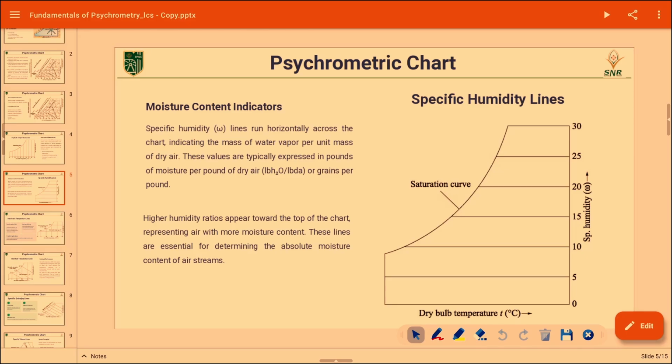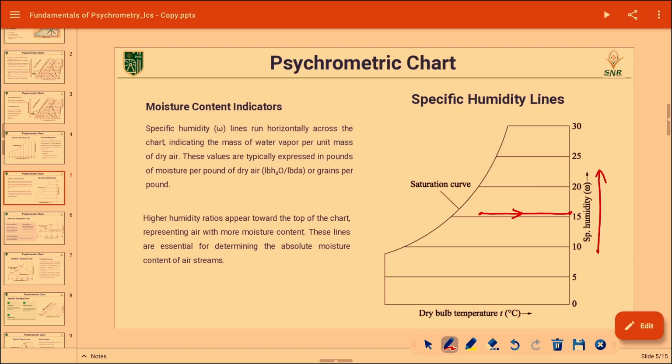Specific humidity lines. Specific humidity lines are linear lines, which are horizontal lines. If I have a state point here, to find the specific humidity we have to move right in a horizontal manner to reach the y axis, where the specific humidity values are written. So, it is around 16 kilogram per kilogram of dry air, the specific humidity value of the moist air whose condition is here.